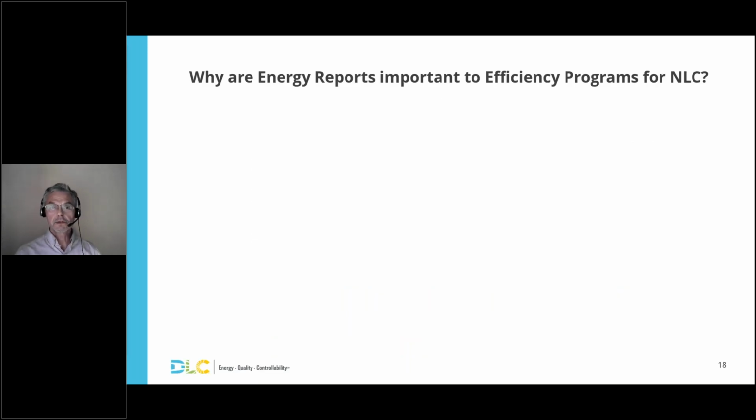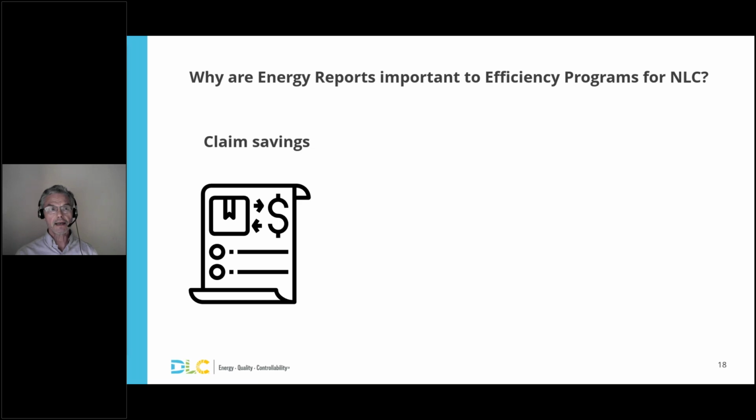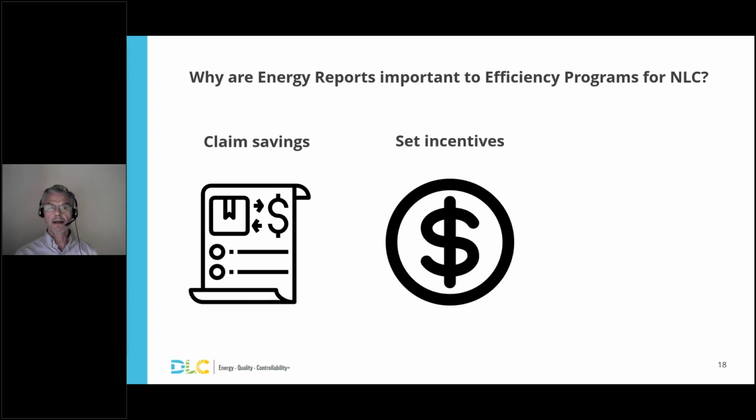Given that network lighting controls are important to energy efficiency programs, why are energy reports important? First of all, a record of the energy usage from completed projects helps programs evaluate and claim incentivized energy savings with regulators. It also helps them set incentives at a level that makes sense based on the expected amount of energy savings.